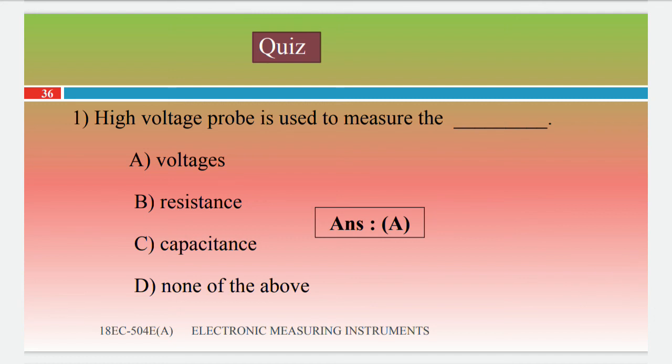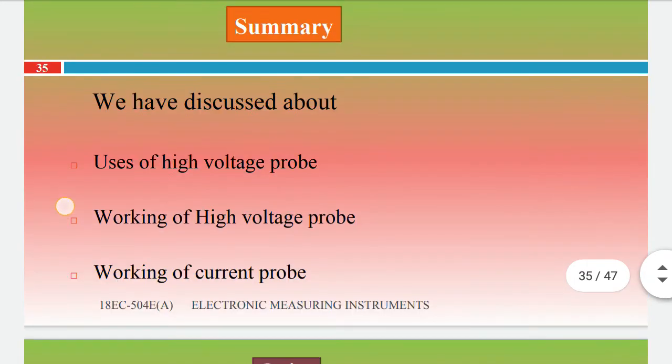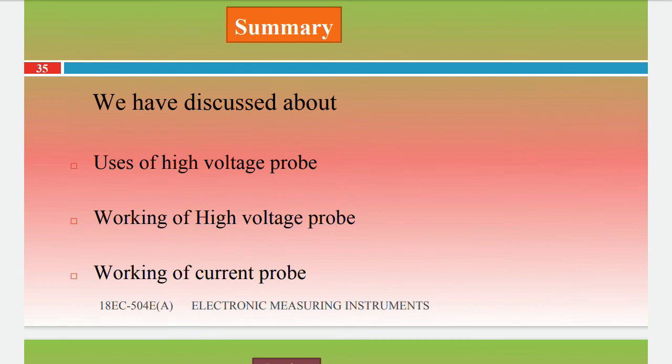Before going to the quiz, let me give a brief discussion of what we have covered so far. The high voltage probe is used above 100 kilovolts. The probe is made up of three components: probe tip, probe head, and cable, and there is a termination circuit.